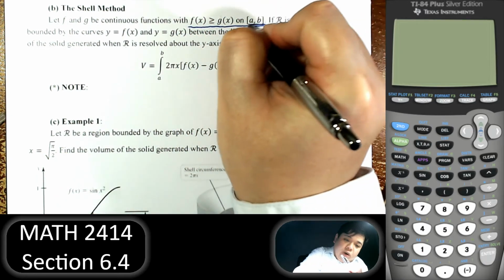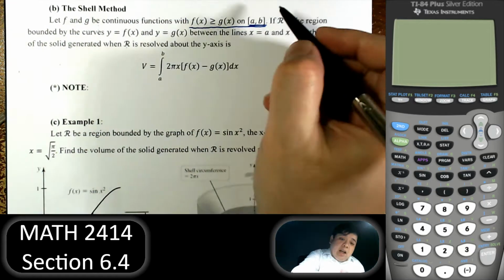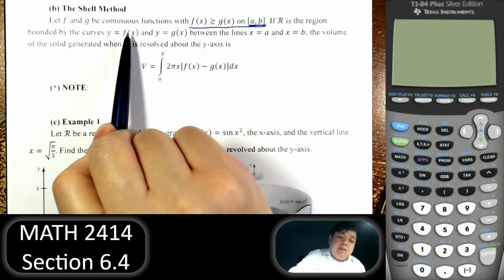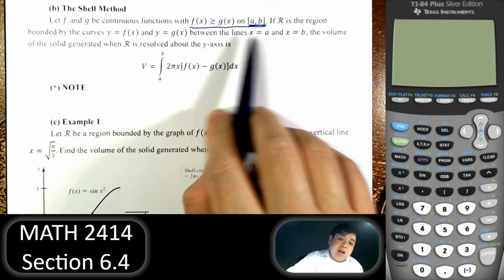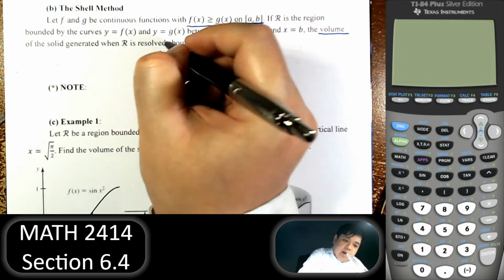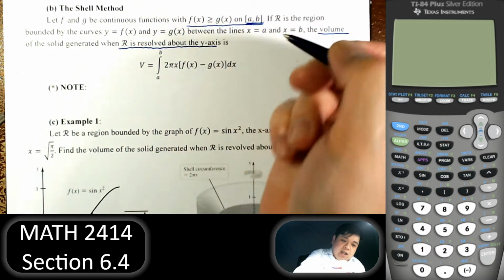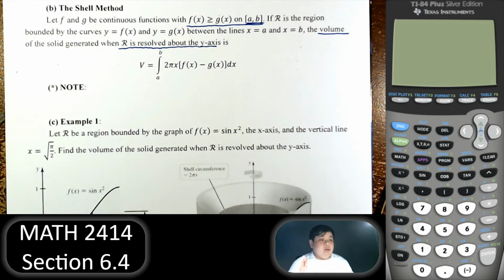So we do know the limits from a to b, which is good. We don't have to worry about that. Let R be the region bounded by f of x and g of x, and the lines. And then the volume of R revolving about the y-axis is this. We worry about the x-axis and the y-axis later, but for now, for that formula, we can write the components as this.